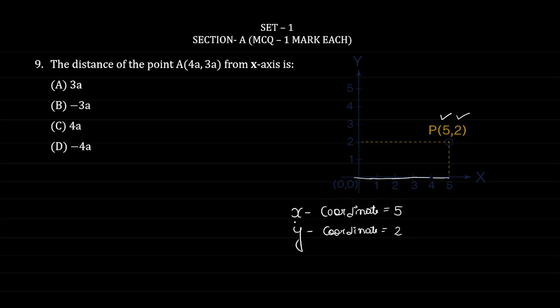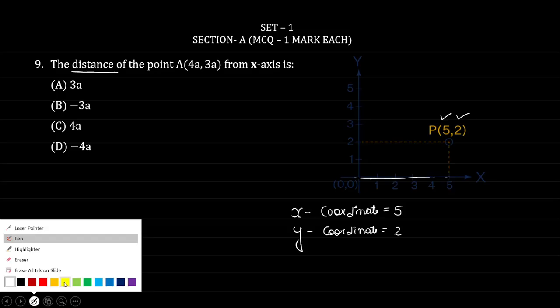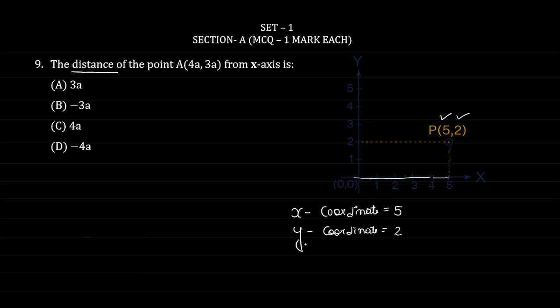Now I can define this x coordinate and y coordinate in other ways also. What is that other way? In terms of the distance. Specifically, I can define the x coordinate and y coordinate in terms of perpendicular distance. This is kind of a rectangle, just imagine this here.